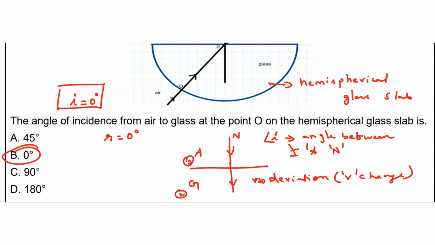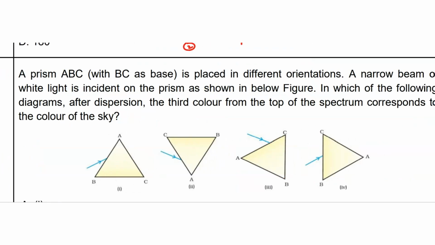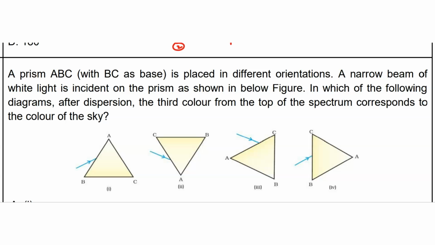Let's see the solution of the 24th question. A prism ABC with BC as the base is placed in different orientations. They have given 4 different positions of the prism. They are oriented at different angles with the base. A narrow beam of white light is incident on the prism.